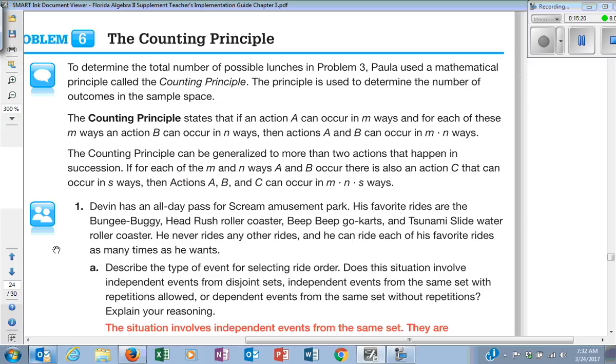To determine the total number of possible lunches in problem 3, Paulo uses a math principle called the counting principle. The principle is used to determine the number of outcomes in a sample space. This is already what I have showed you with my holes and having to multiply them. This now has a name. It is called the counting principle.